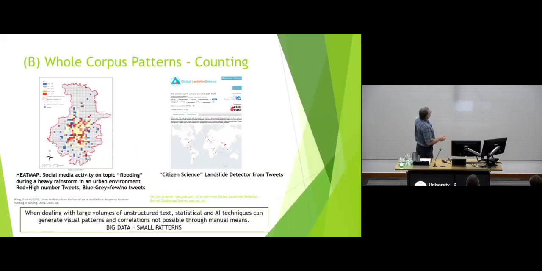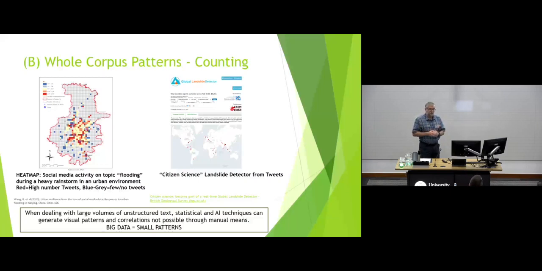So on your left is tweets. This is so-called citizen science, where you've got people tweeting about flooding during a heavy rainstorm. All it's done is get a frequency: the red are the high volumes of tweets, the blues and the greys are little to no tweets during that rainstorm, just to give another source of data, sort of input into planning and perhaps environmental issues.